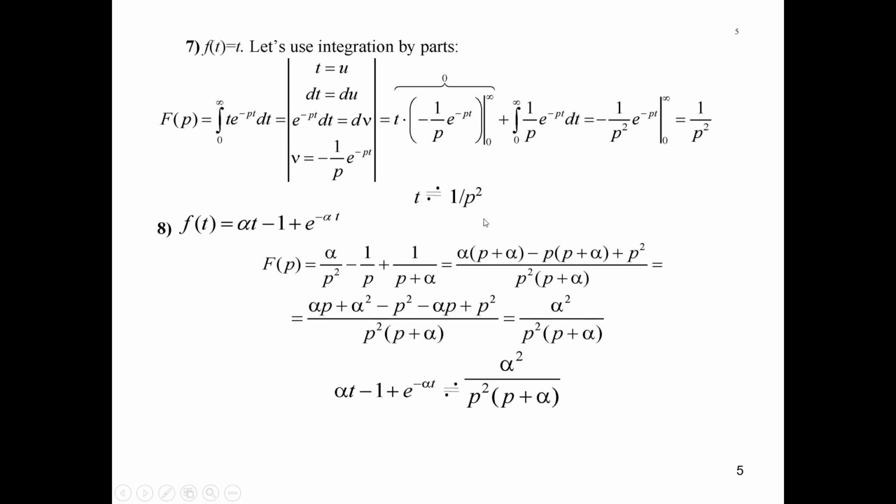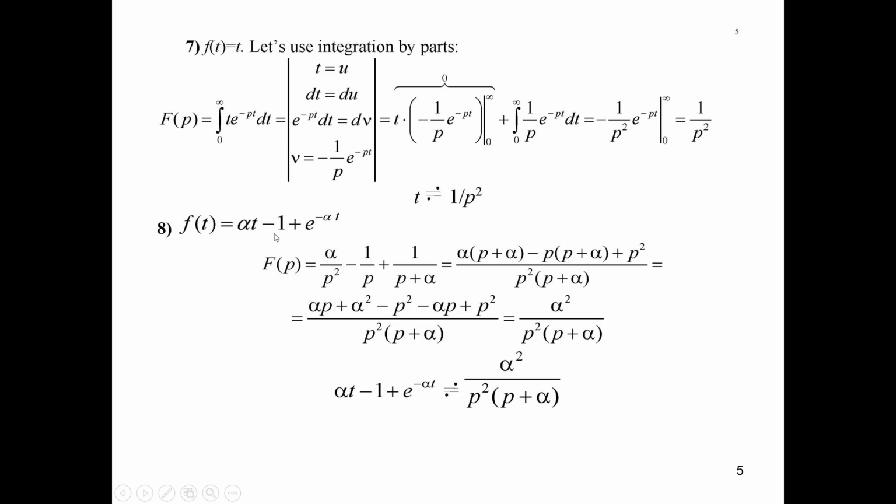We only recently got that the operational image from function t is equal to 1 over p squared. So with coefficient alpha, it will be alpha over p squared. From this summand, it is here.